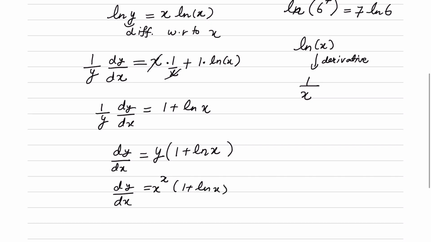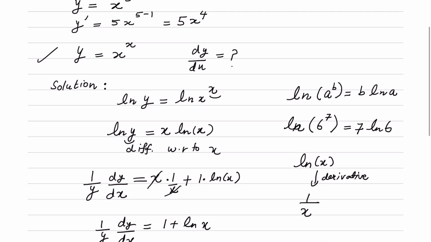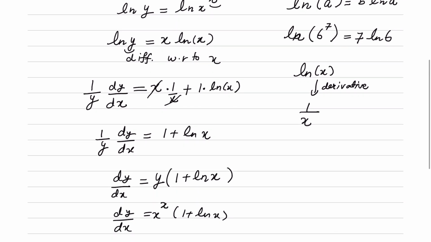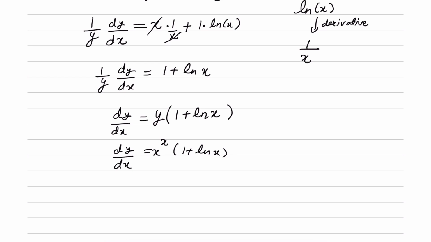So here we have found the derivative of y, which was x to power x. This is called logarithmic differentiation: first you take ln on both sides, then you apply the log property, then you differentiate the expression with respect to x, just like here, and then you separate dy by dx on one side and everything else on the other side.